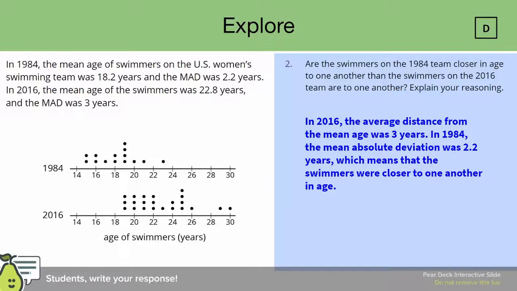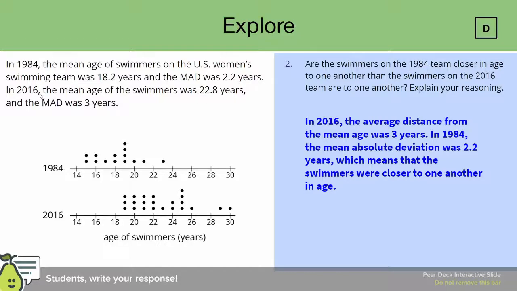We can see this in the information they provided to us from the very beginning. They told us that in 1984, the swimmers for the United States swimming team had a mean absolute deviation of 2.2 years, which means on average, each swimmer is about 2.2 years away from the average age of the United States women's swimming team.